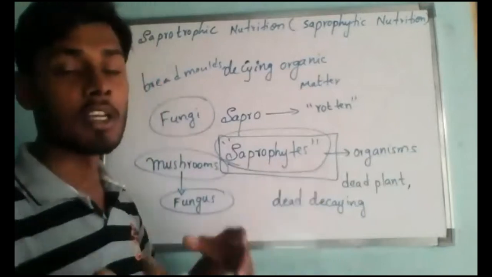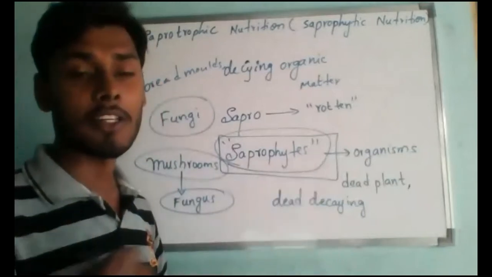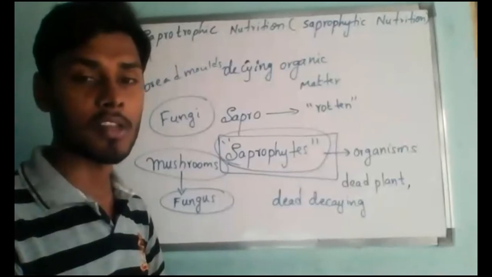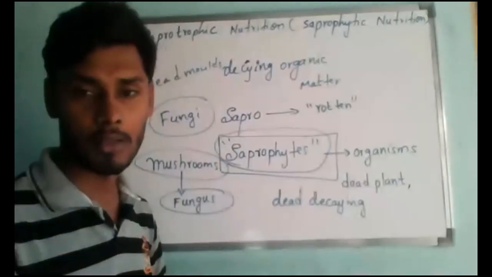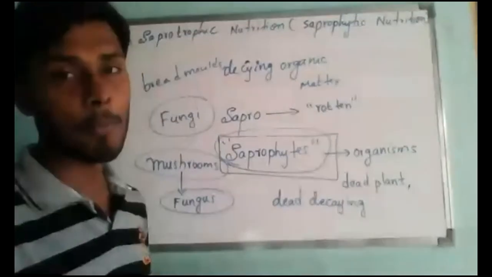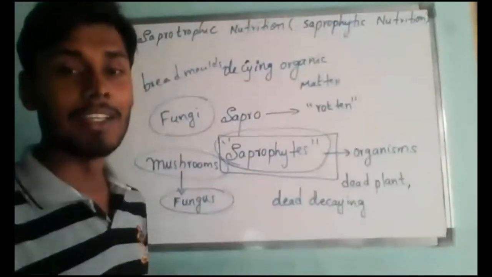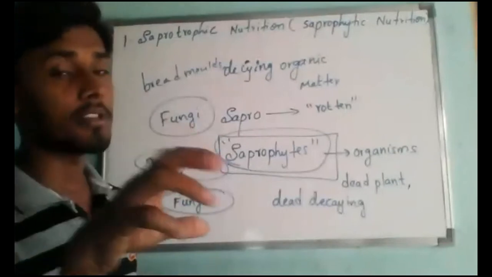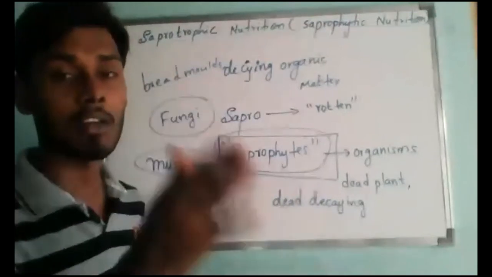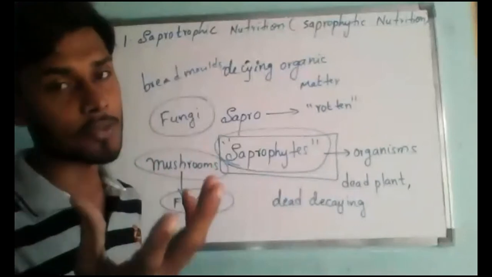First, they convert. See, where are we converting complex substances into simple substances, outside our body or inside our body? Inside our body. But these saprophytes take these complex substances outside the body itself and convert them into simpler substances by releasing some chemicals.